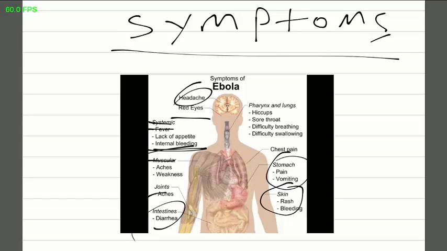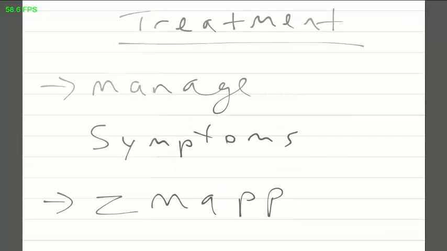In the United States, it will mainly be Tylenol. You can give that to bring down the fever. If someone has diarrhea, you can give anti-diarrhea medicine like Imodium, etc. So it's essentially just managing the symptoms.